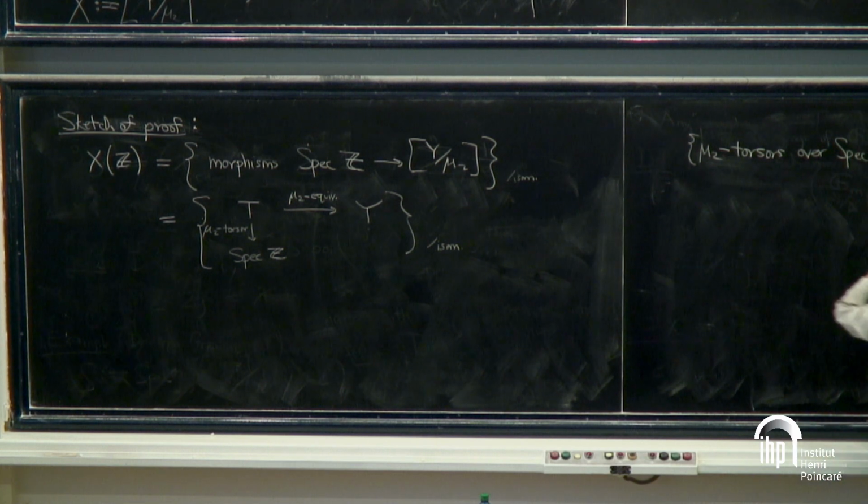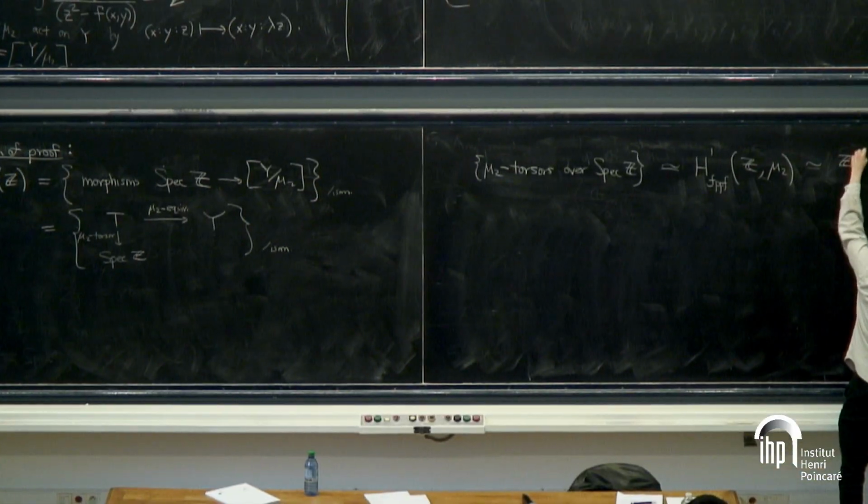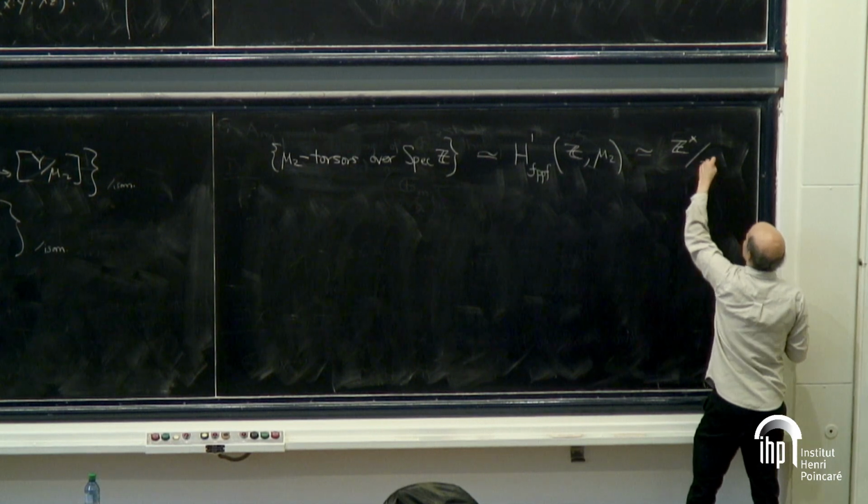Well, those are classified by H1, and we're talking about fppf torsors because this is an fppf group over Spec Z, so H1 of Spec Z with coefficients in mu2, and this you can compute in the same way you do for a field, using the Kummer sequence, and what you get is that it's the units modulo squares.